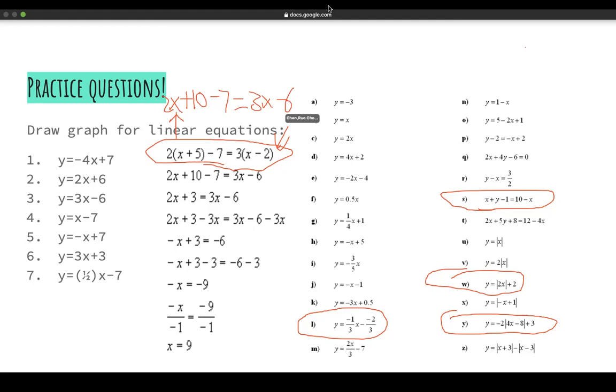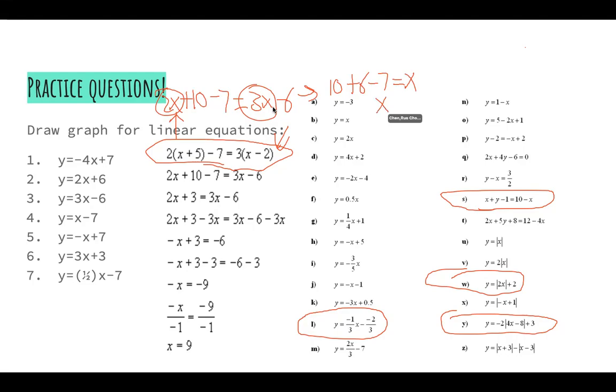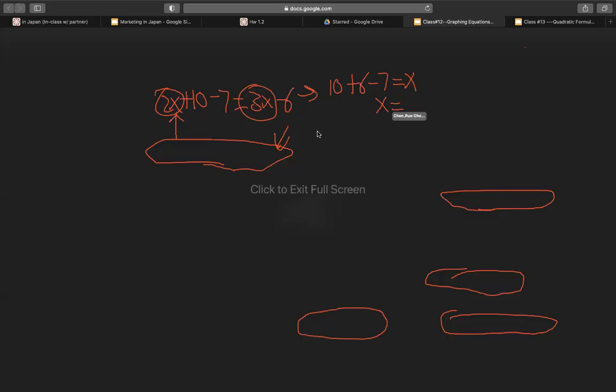And then we put x and all the other constants on each side. So this becomes 10 plus 6 minus 7 equals x. So x equals 9.